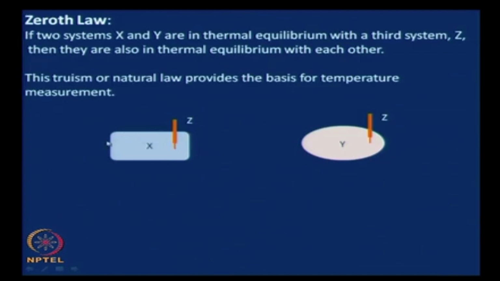This is the system X, this is the system Y, and they are individually in thermal equilibrium with the Z here. The Z is the thermometer which is used to measure the temperature of X or of Y. If X is in thermal equilibrium with Z and Y is also in thermal equilibrium with Z, then X and Y are in thermal equilibrium with each other.